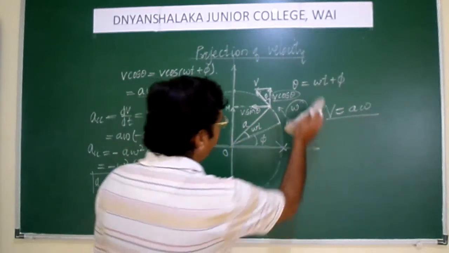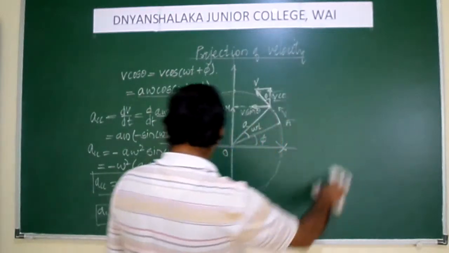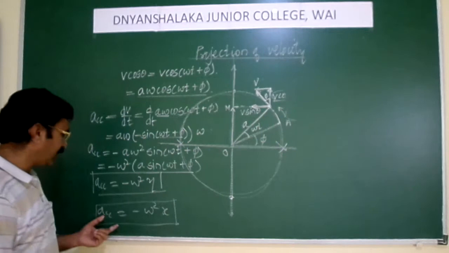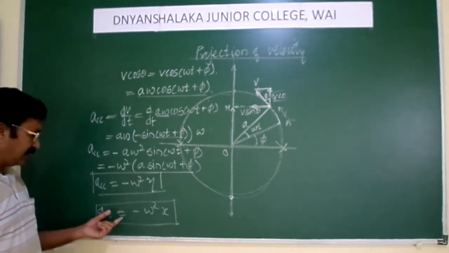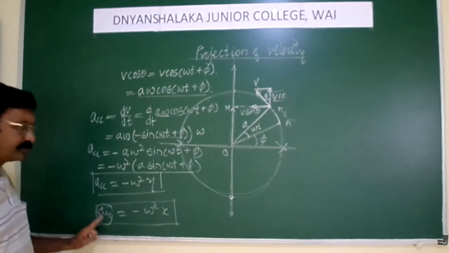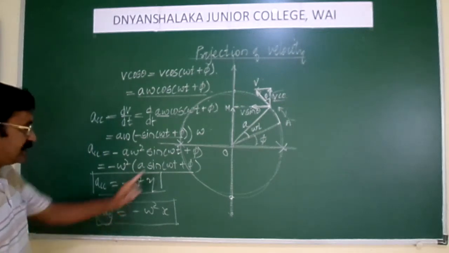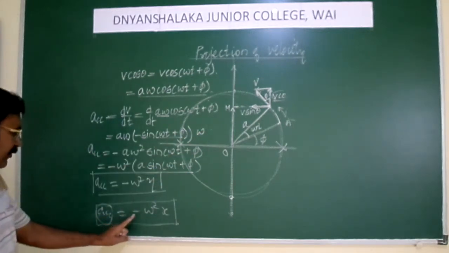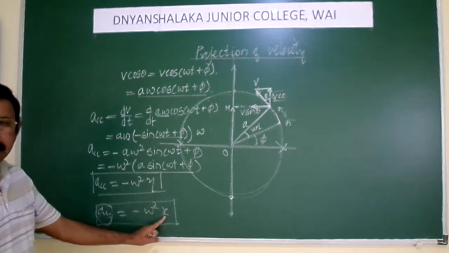And so in the previous lecture, when we were studying the differential equation, the acceleration in simple harmonic motion was minus omega square x.